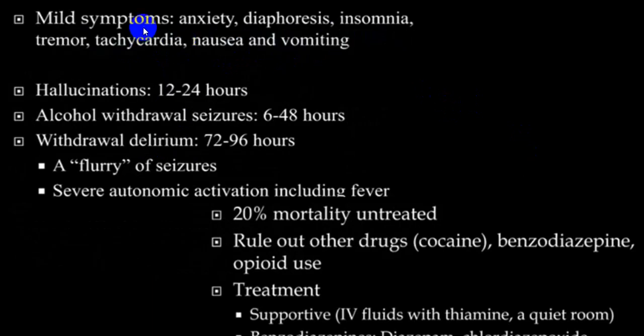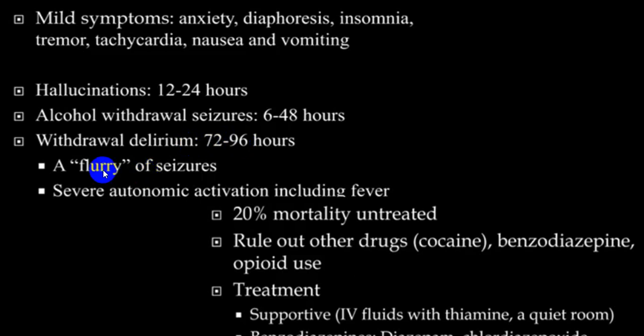The person, right from mild symptoms like anxiety, diaphoresis, insomnia, tremors, tachycardia, nausea, vomiting, can develop hallucinations within 12 to 24 hours. The person can also have seizures, which can occur from 6 hours to 2 days. And there will be withdrawal delirium, which can last for nearly 4 days.